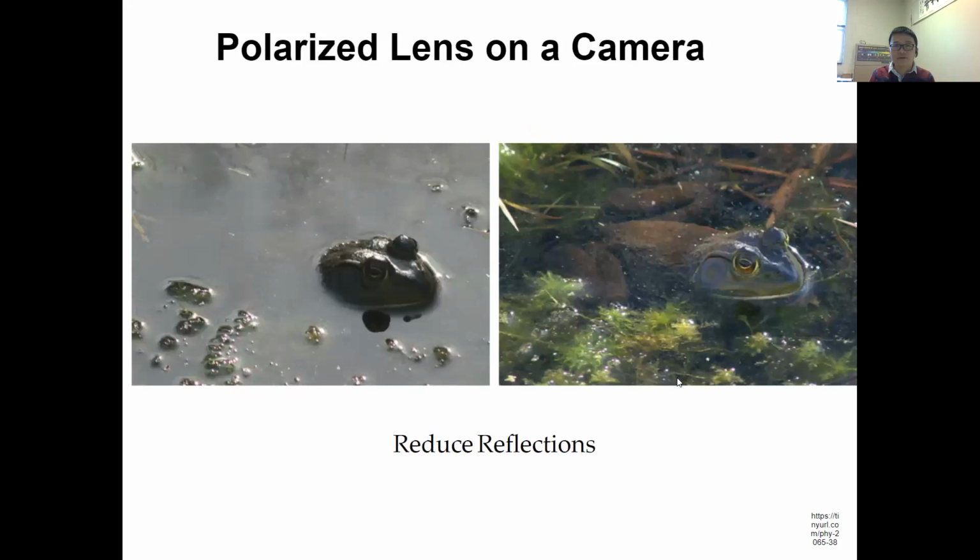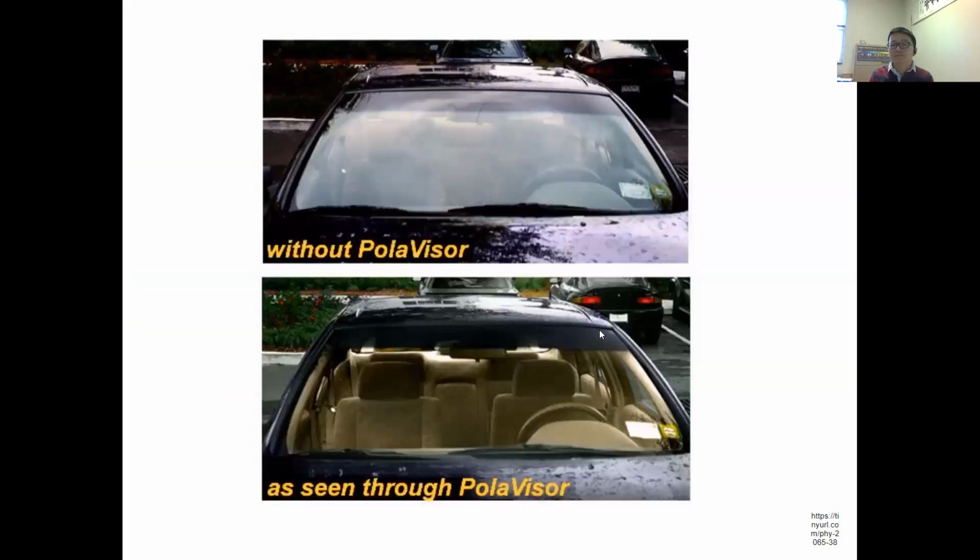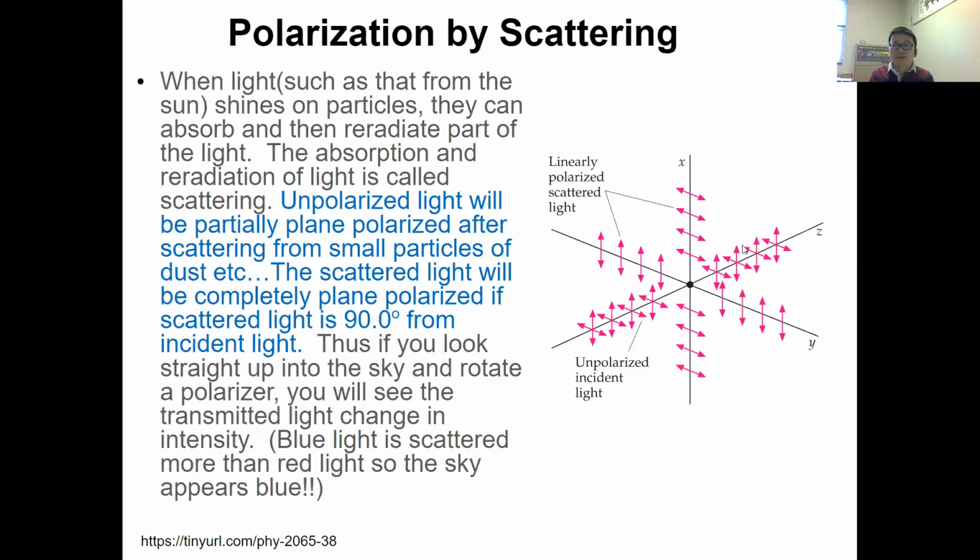For camera lenses as well, the background glare is pretty much from horizontal reflection, so if you use polarized lenses, you'll be able to capture more of the details of the picture. And of course it also helps when seeing through glass, because glass reflects light back to the observer.